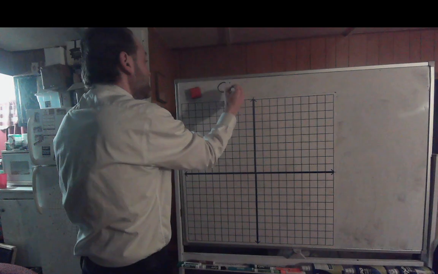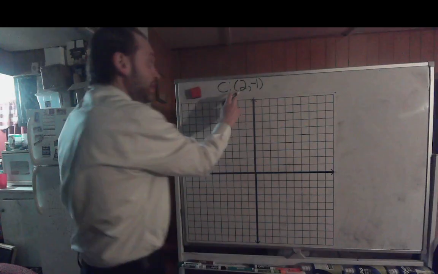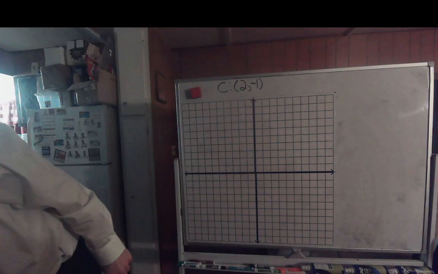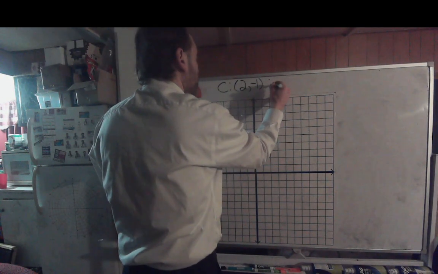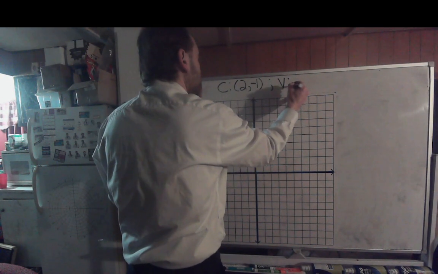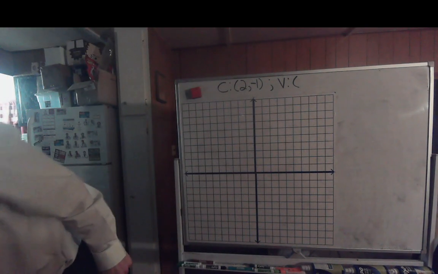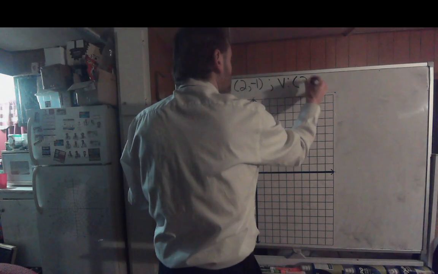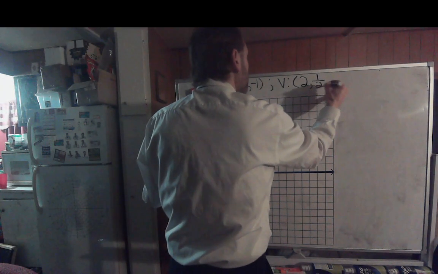So this time they give you the center at 2, -1. So that's easy. They gave you the center. They give you one vertex at the point 2, 1/2.